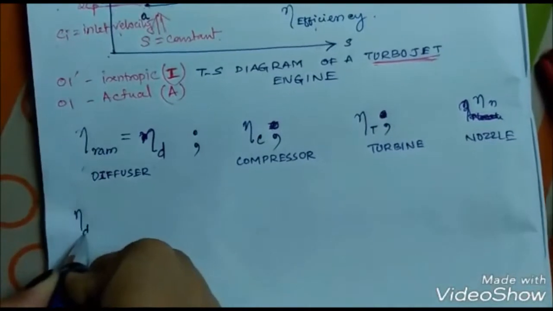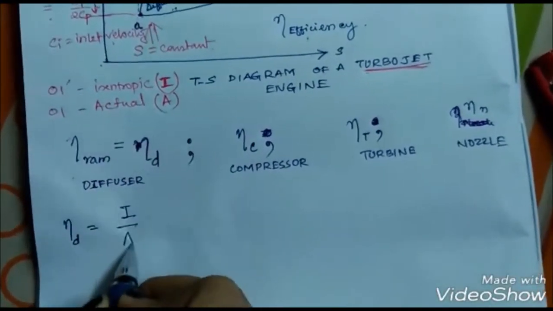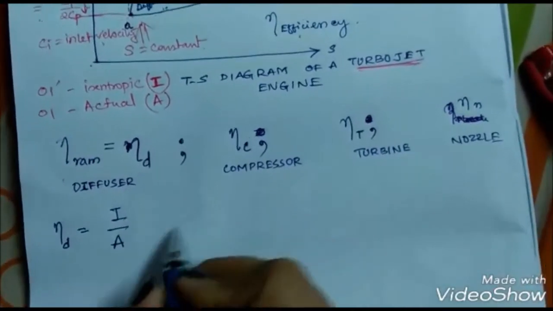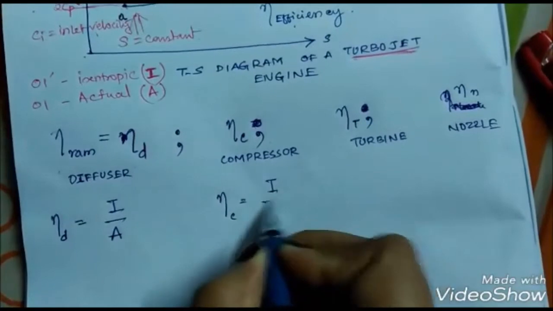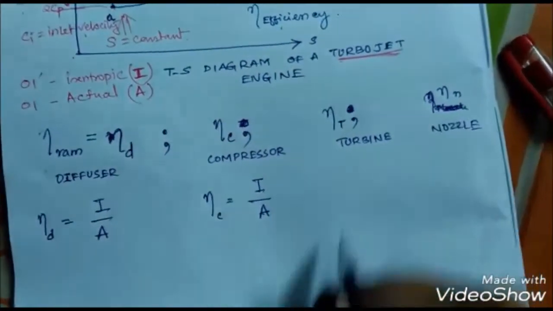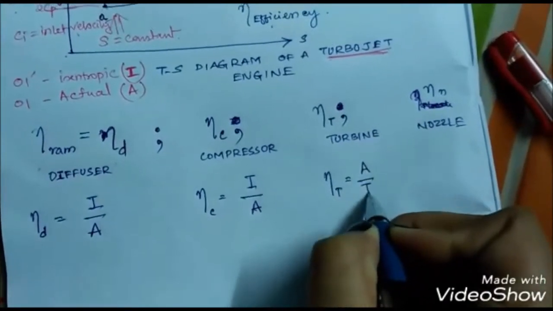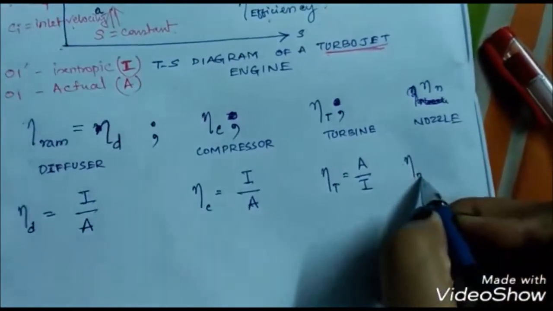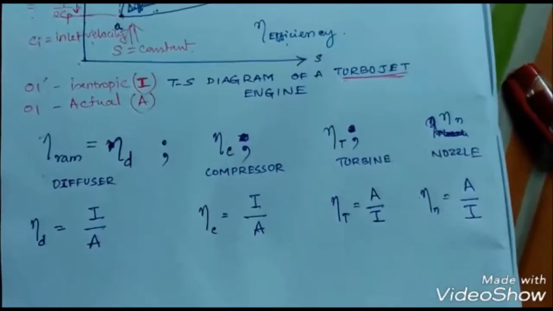Eta D is ideal by actual. Eta C is also ideal by actual. Eta T is actual by ideal. Eta N is actual by ideal.